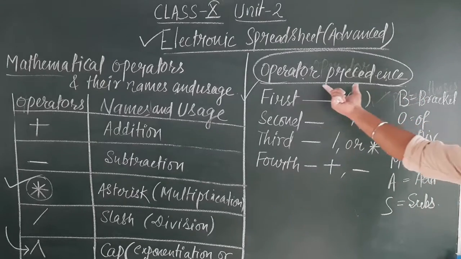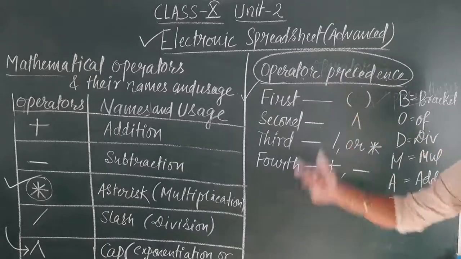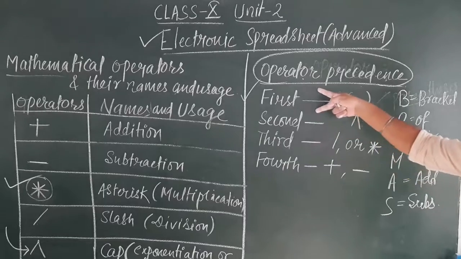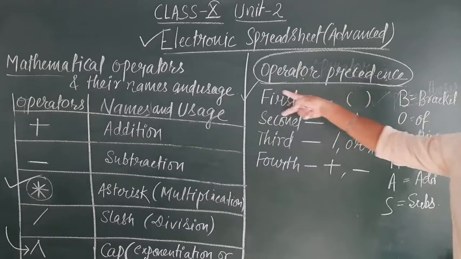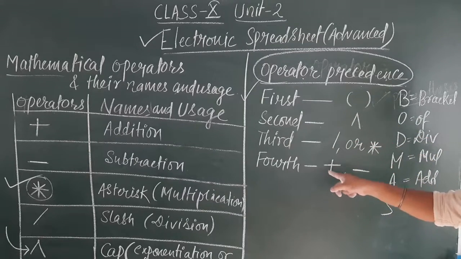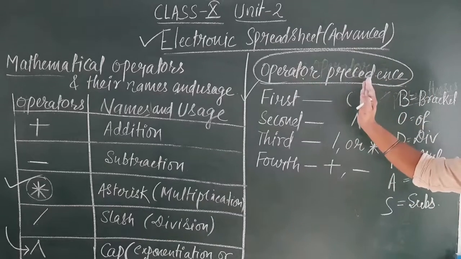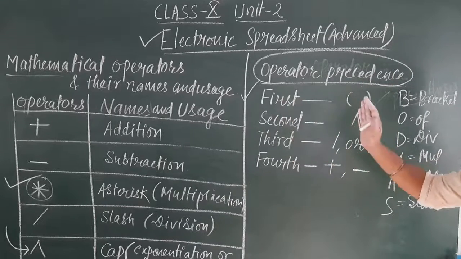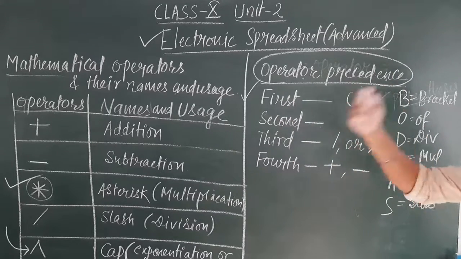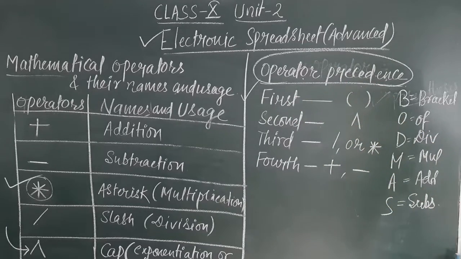Whenever we encounter this term operator precedence, we should always remember the first preference should be given to parenthesis, followed by cap, then slash or star. After that, the final one will be addition and subtraction. So these are the two most important terms which we will be utilizing whenever we are performing any task using expressions in a spreadsheet. Okay, so with this I would like to conclude today's discussion.